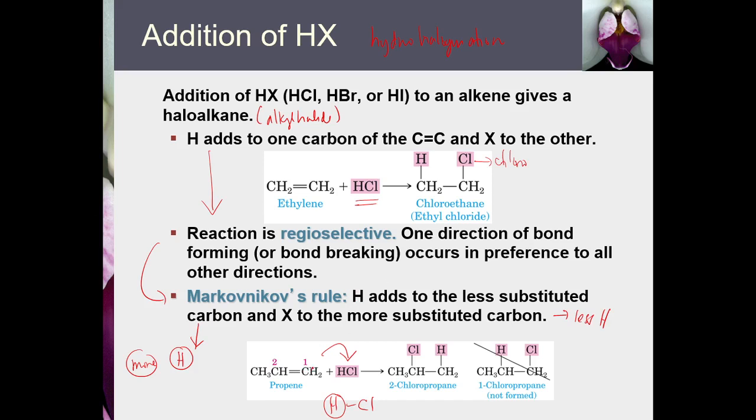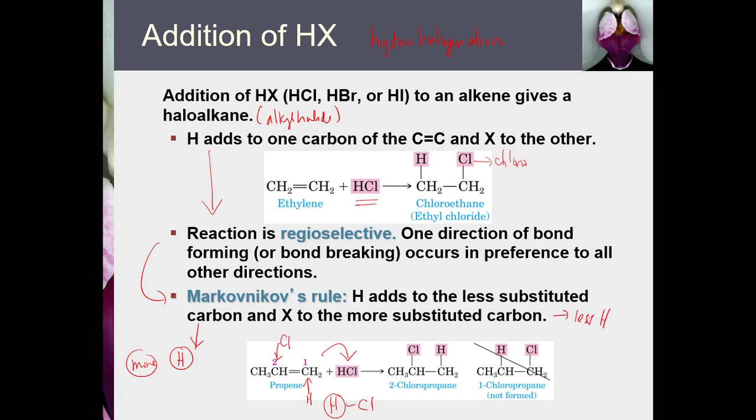So, for example, itong carbon 1 is attached to 2 hydrogens. Itong si carbon number 2 ay attached lang sa isa. So, in Markovnikov rule, yung H na naghiwalay sa HCl will be bonded to this portion, and then yung Cl will be attached to carbon number 2.